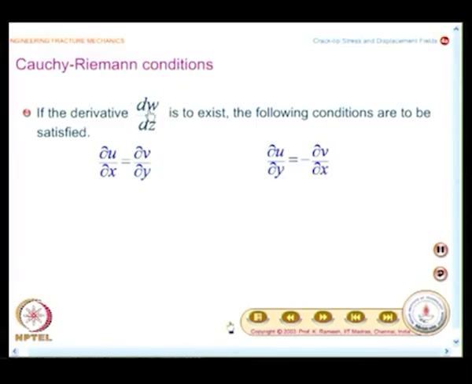If the derivative dw by dz is to exist, the following conditions are to be satisfied: where u is the real part of the function w, v is the imaginary part of the function w, dou u by dou x should be equal to dou v by dou y, dou u by dou y should be equal to minus dou v by dou x. Only if these conditions are satisfied, then the function w is differentiable. That is very important.